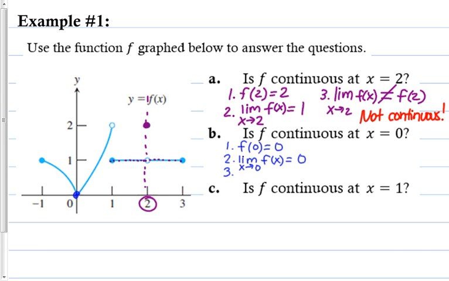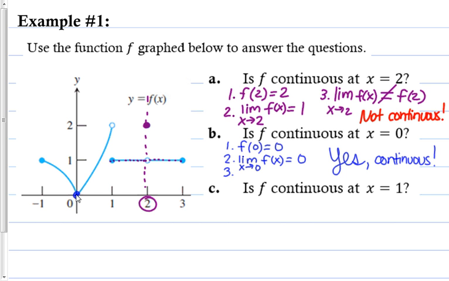So then for part 3, are these two things equal? Is my limit the same as what I get when I actually plug in 0? And yes, it is. I'm just not going to write it. But then all I have to say is that yes, continuous, or just say continuous. Not making y'all do any full sentences just yet.